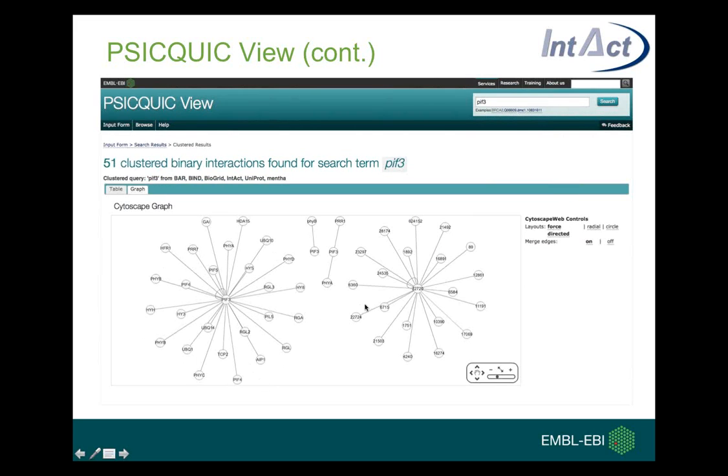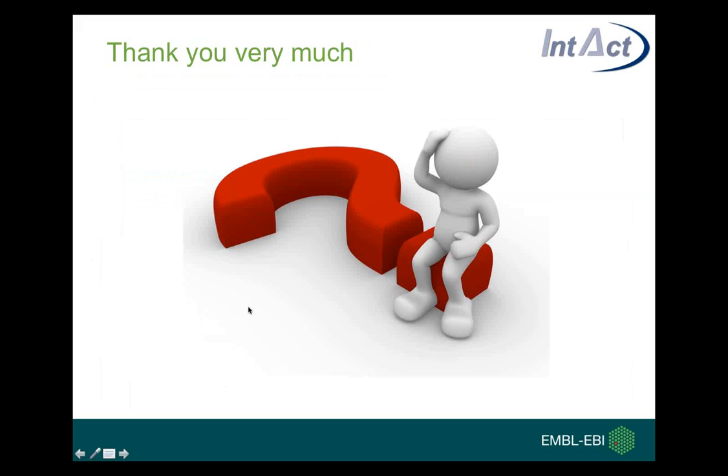Now we have plenty. We have more information here as well, and some isolated ones here. Well, we are using the Cytoscape graph again. And well, okay, that is PSICQUIC. Do you have any questions or something?